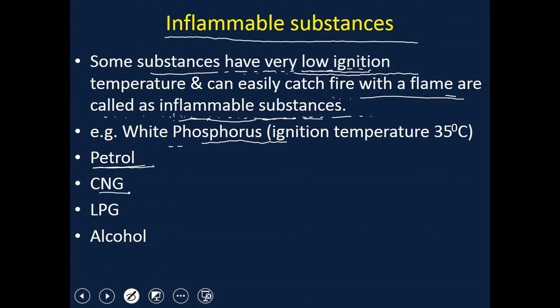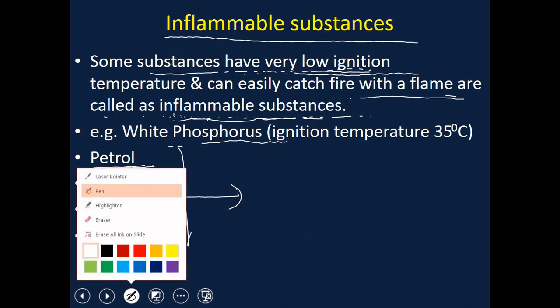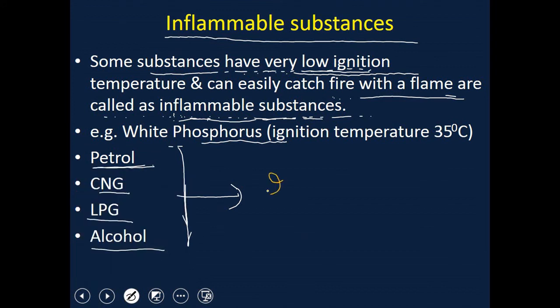Some more combustible substances are CNG, LPG, alcohol. All of these substances have very low ignition temperature. So that's why they catch fire with a flame, and they are called inflammable substances. All these are the examples of inflammable substances. We can write here, all these are inflammable substances.